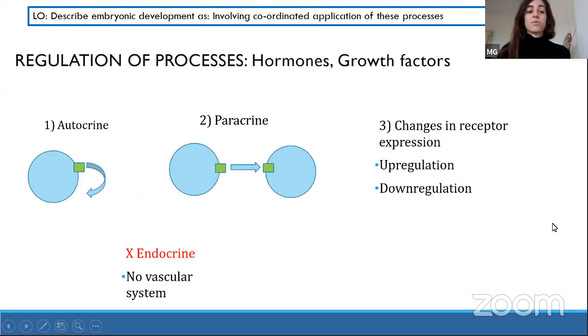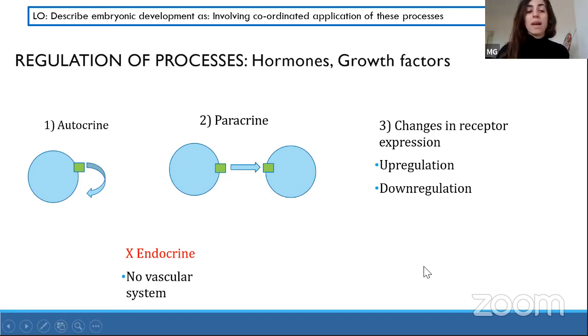So how is this process regulated? Using hormones and growth factors. Hormones can act in different ways. They can act in an autocrine manner, which is the cell that is producing hormones or growth factors acting on itself. Paracrine is when a cell is acting on its neighbor, so a cell that is nearby.